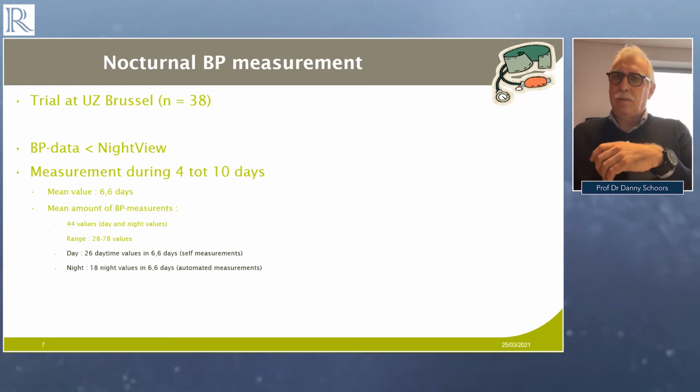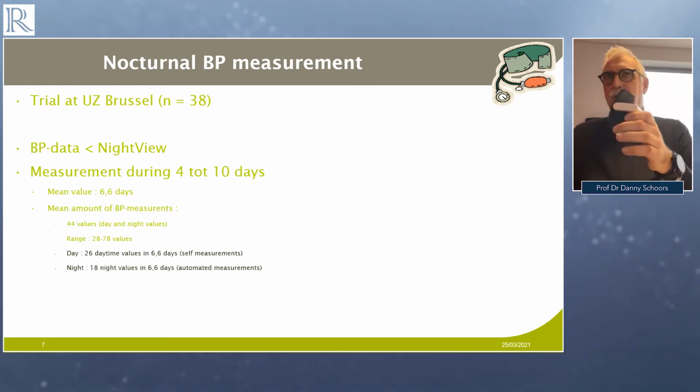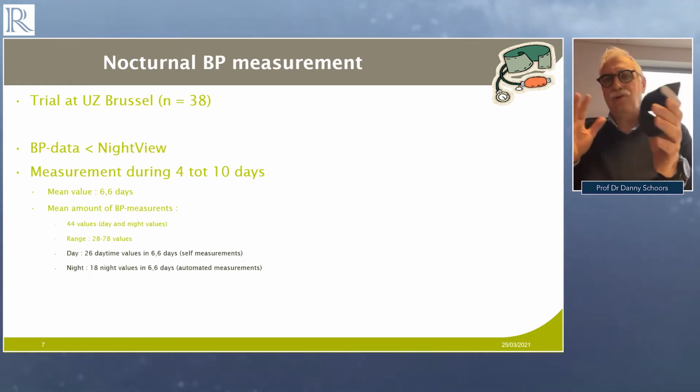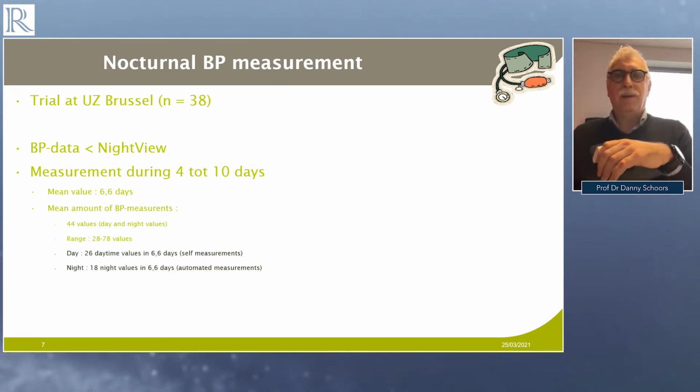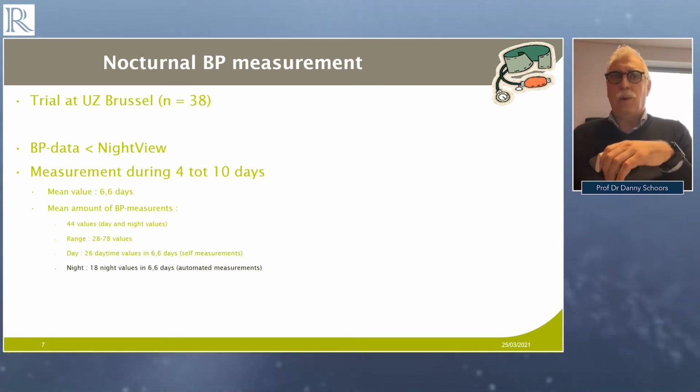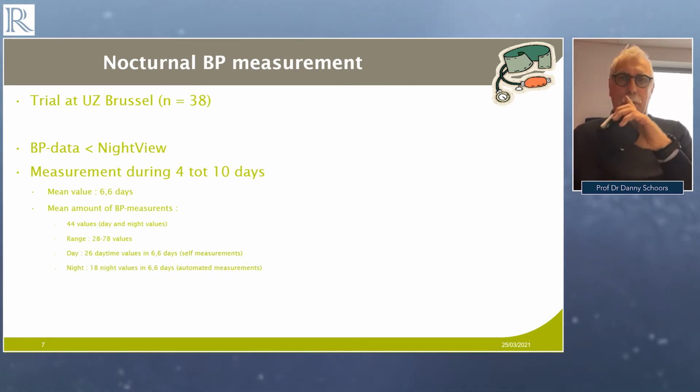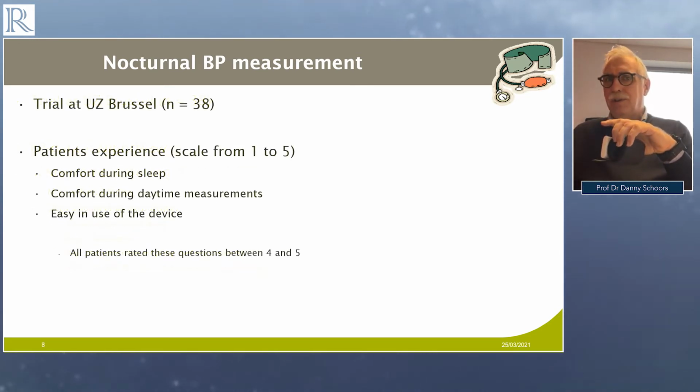Most of the data comes from daytime measurements because the patient pushed on the button between 3 to 4 times a day. And we also had about 3 night data points, for 1 week. We can later on focus on the data of this device.